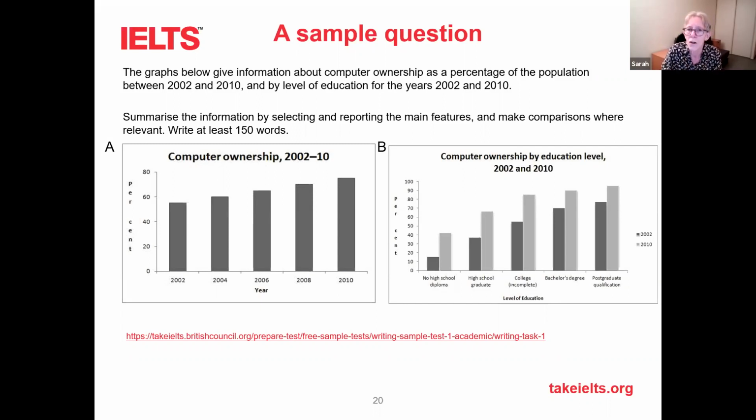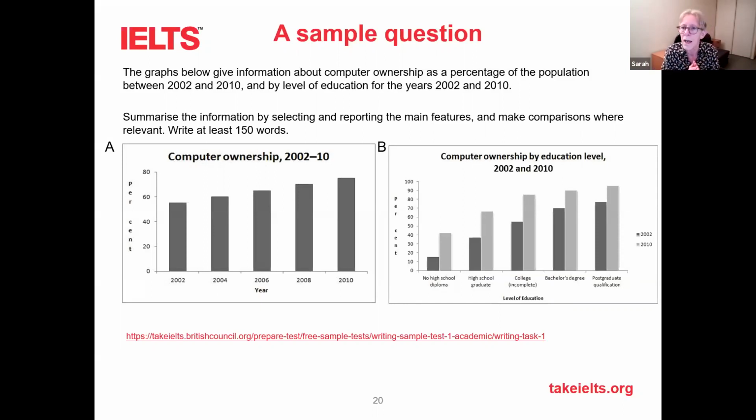What would you say is the trend or the overview in diagram B? Again, put your ideas in the chat box. Remember, you're comparing two things here. You're comparing 2002 and 2010, but you're also comparing education level. So in effect, there's two trends going on here.